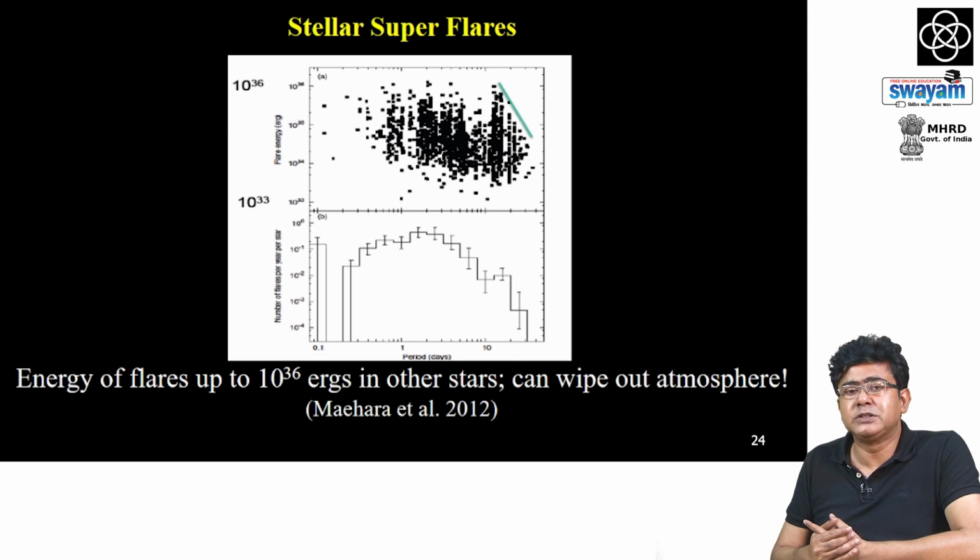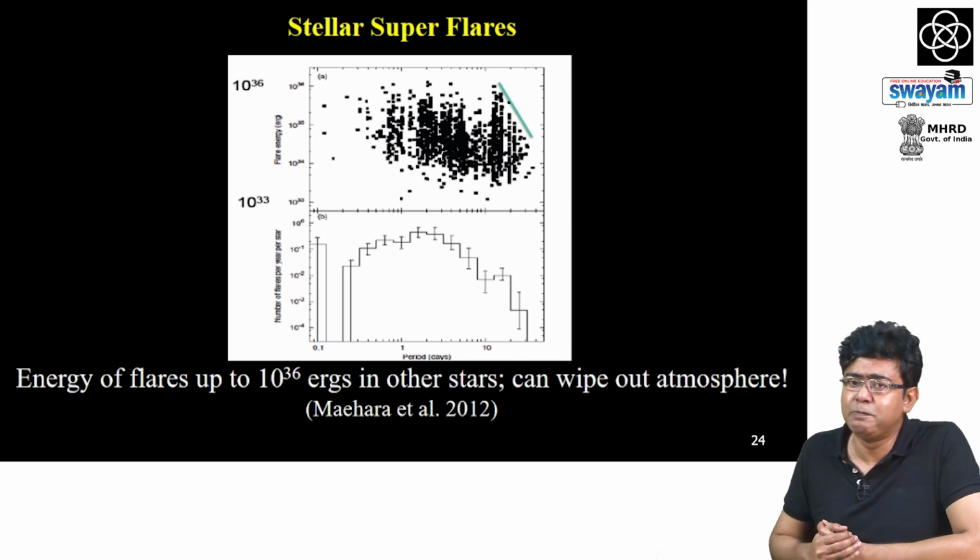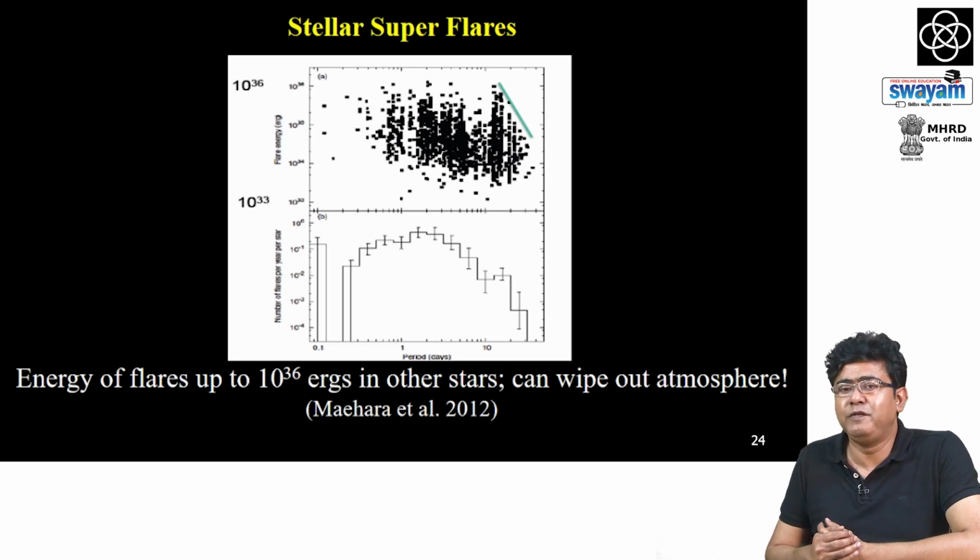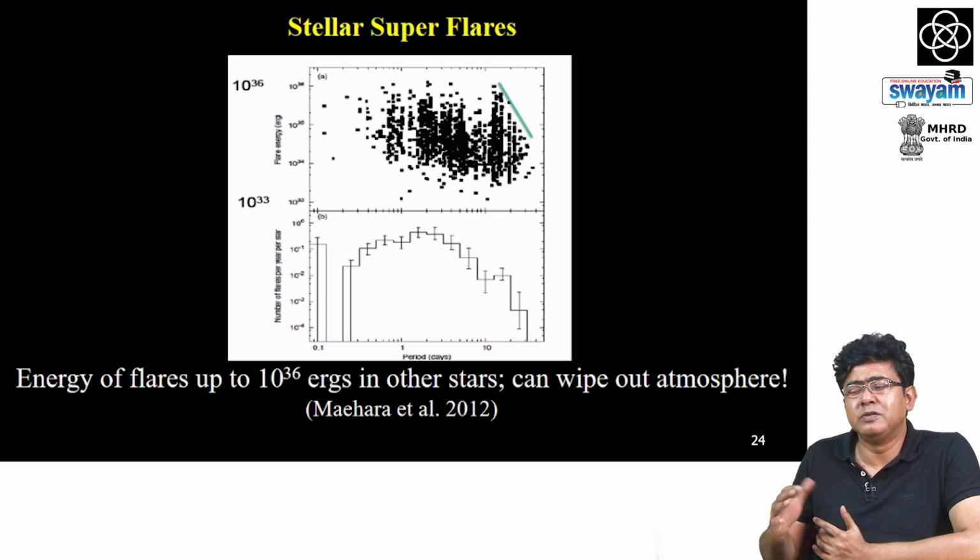There are ways of reconstructing past super flares based on cosmic ray flux, and we have not found evidence of superflares in the last couple of billions of years in the sun's history. So, we do not quite know whether the sun has never produced such a strong flare or whether it did produce such a flare very early on. In fact, there is some recent evidence from an Indian group at Physical Research Laboratory that maybe the sun had produced a superflare when it was a little less than 1 billion years old.